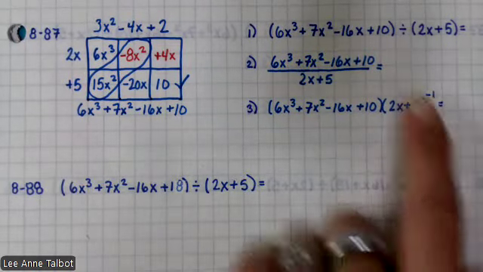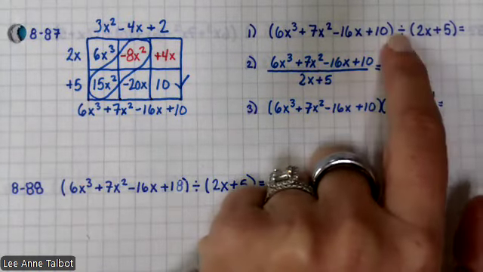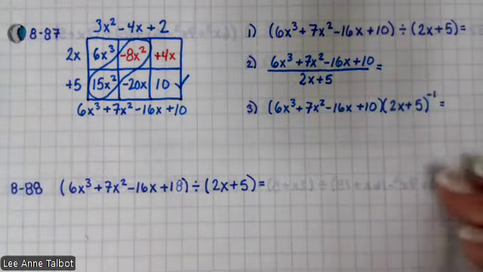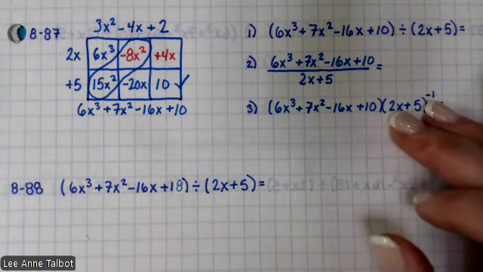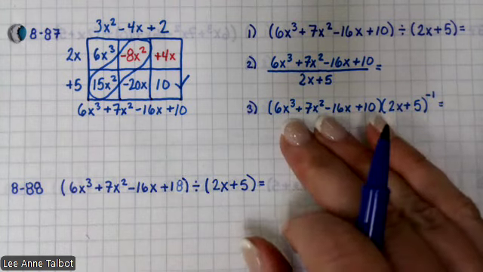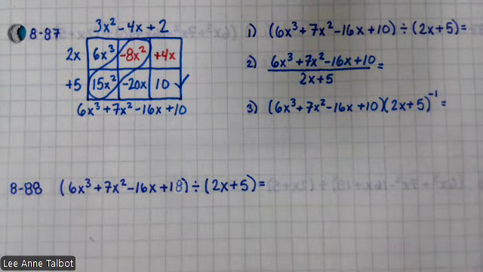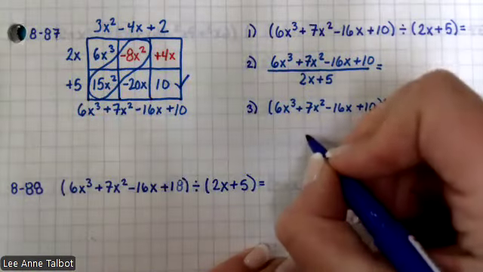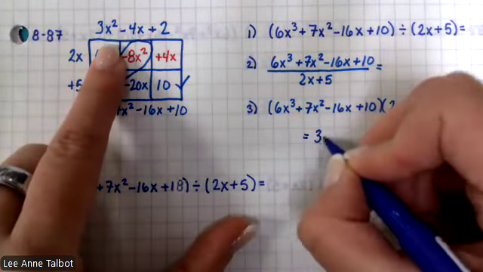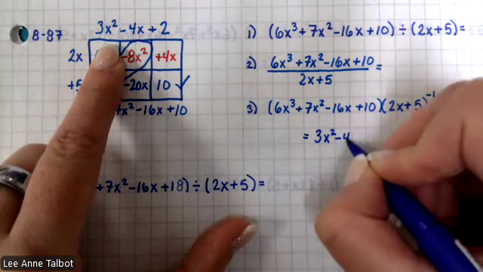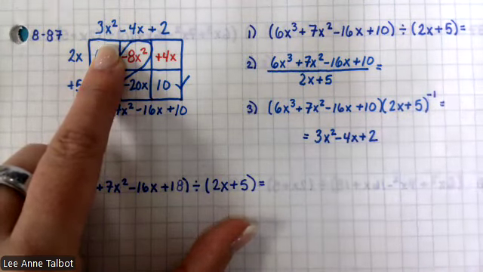This is saying the same thing as this, which is saying the same thing as this. These three things all say the same thing. This is just saying, oh, it's a negative 1 exponent, so it goes to the bottom. Just a reminder of what that means. Okay, now they all have the same answer, which is 3x squared minus 4x plus 2.